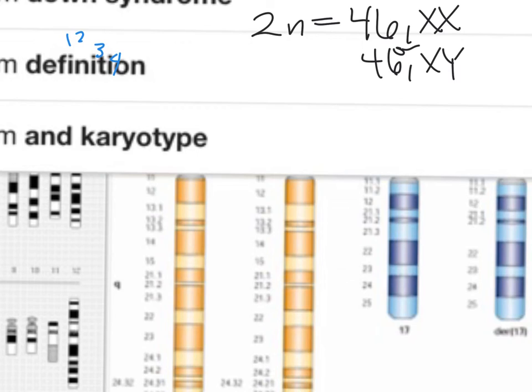Same for chromosome 2, 3, 4, et cetera. Where do we stop that pattern? Trisomy 21. So this is a karyogram of an individual probably that has Down syndrome, with 1 extra copy of chromosome 21.